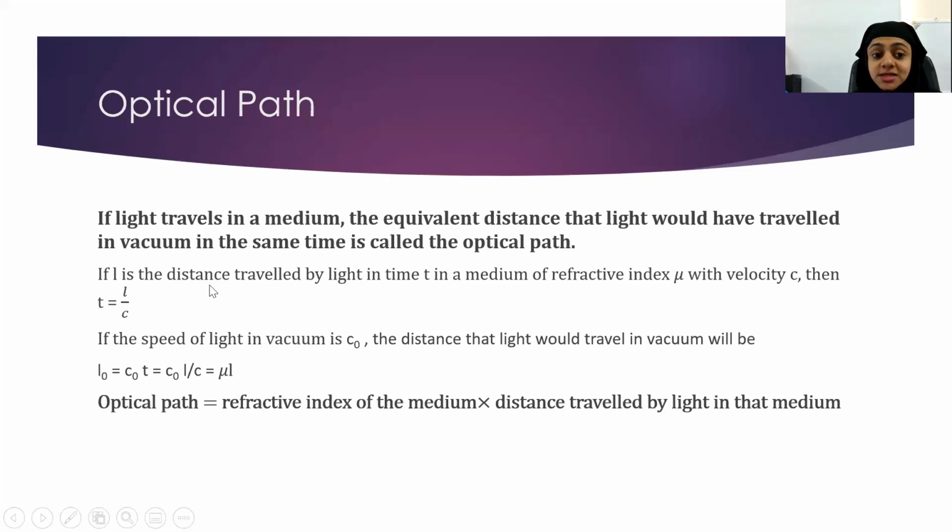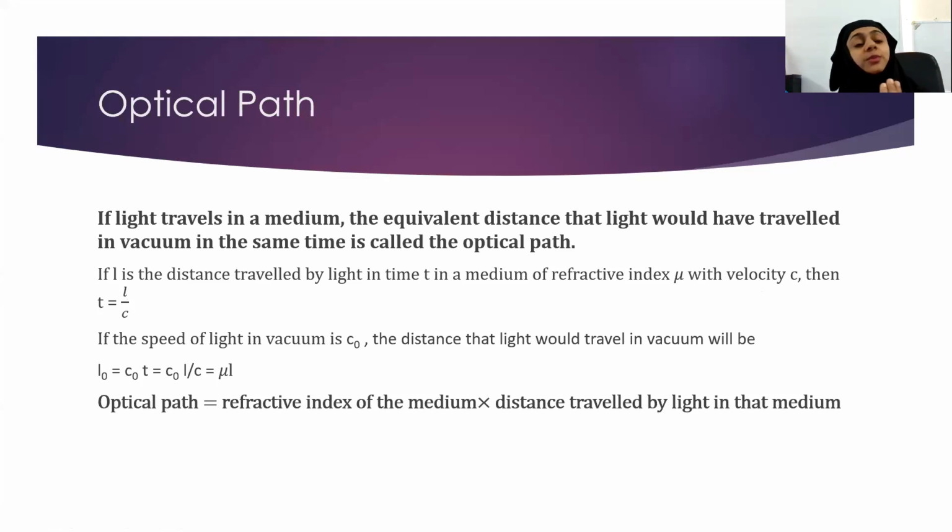Suppose L is the distance traveled by light in time t in a medium of refractive index mu with velocity c. Then the time taken by light is equal to L by c, where L is the distance traveled and c is the velocity of light in that medium.